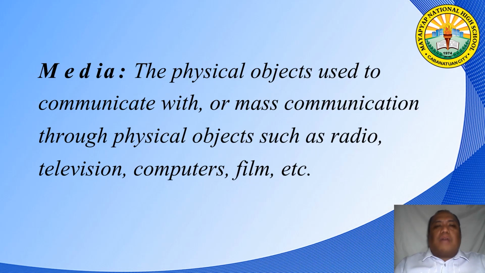So these are physical objects that we can see and we use to communicate with, like using our hands. We can see our hands and we can communicate using our hands.